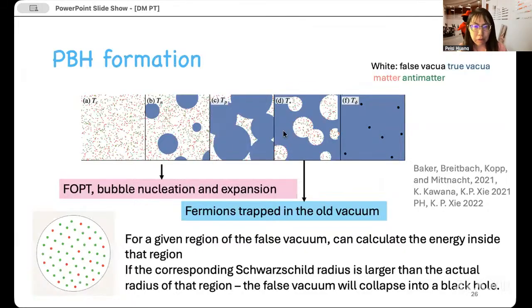So the fermions are trapped in the old vacuum. Then for a given region of the false vacuum, we can calculate the energy density in that region. And if the corresponding Schwarzschild radius is larger than the actual radius of the region, then we expect the false vacuum to collapse into a primordial black hole.